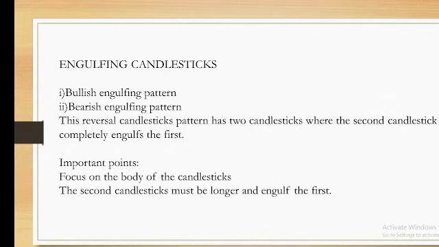Okay, so if I see a dragonfly doji, I may be expecting another bullish candle, a candle to actually close above the peak of the dragonfly doji. If it's a gravestone doji, I may be looking forward to another bearish candle to close below the tail of the gravestone doji.